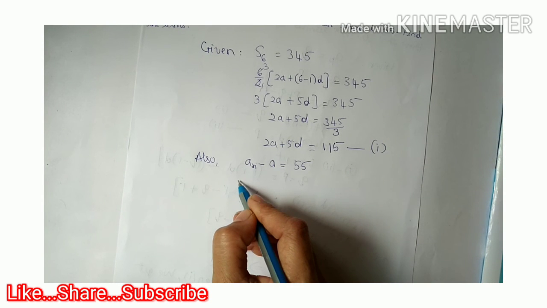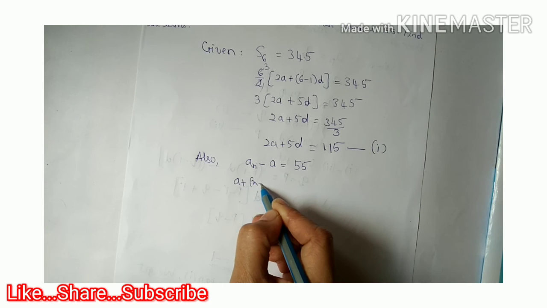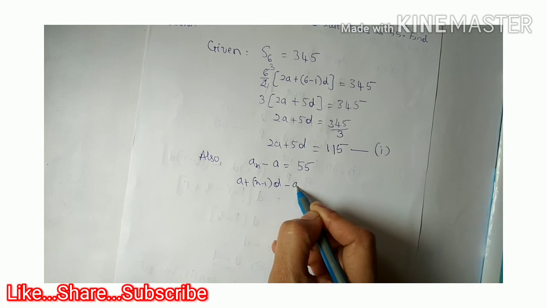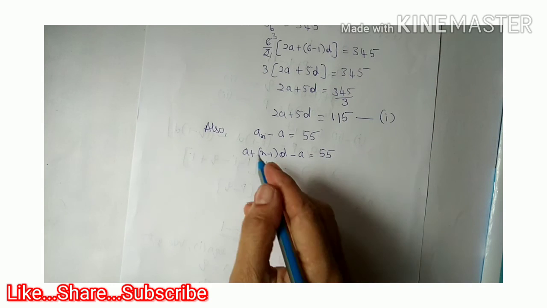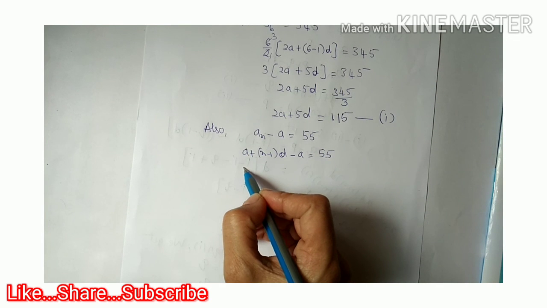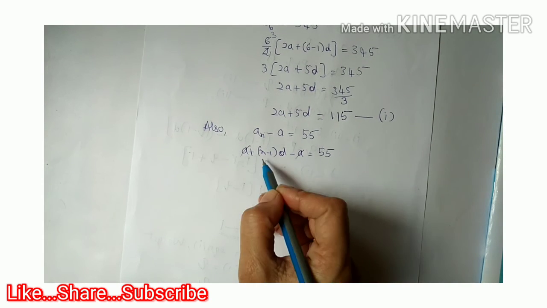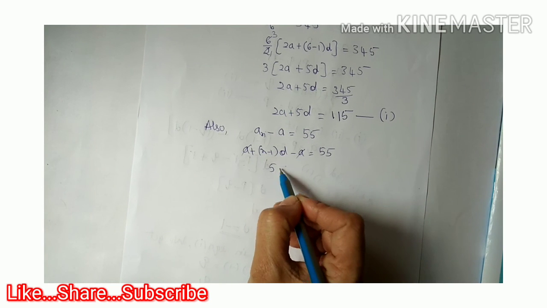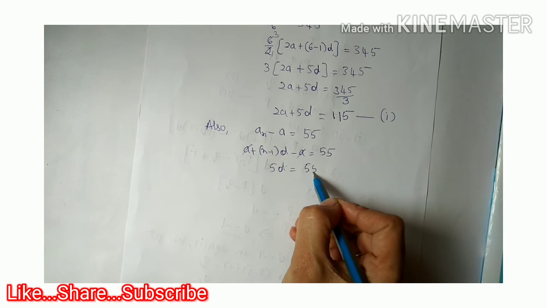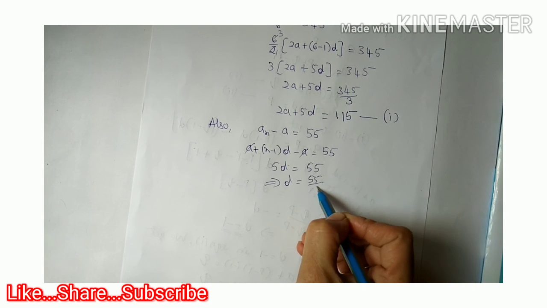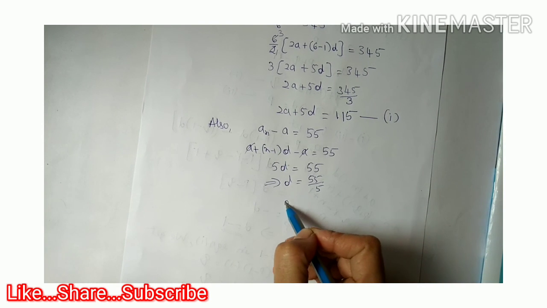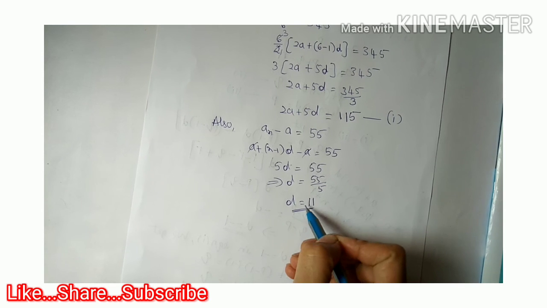Last term a plus (n minus 1) into d, minus a, is equal to 55. N is 6, 6 minus 1, 5d is equal to 55. It implies d is equal to 55 by 5, or d is equal to 11.